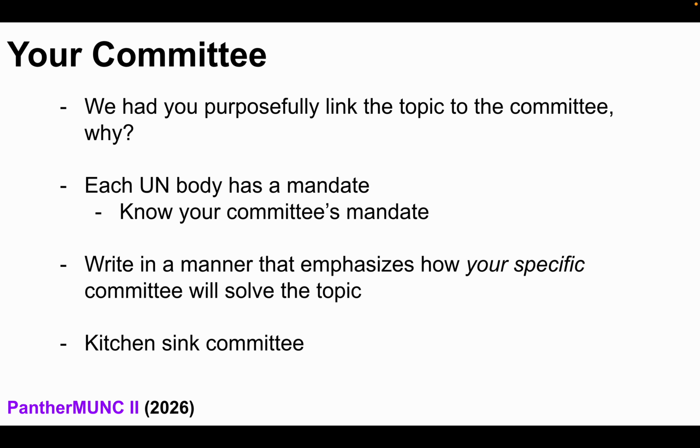So in your committee application, we decided that we were going to have the chairs link the topic to the committee. And if you got it denied, I kind of explained why, but it's worth considering why we would do that. It's really because the action that the committee is going to take depends on the body. So let's say Maya had suggested water and she had linked it to UNEP.